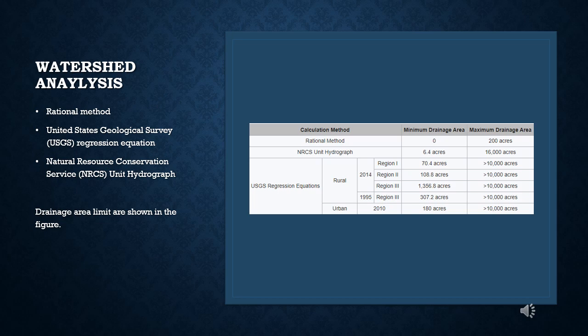The drainage area must be less than or equal to 200 acres to use the rational method. If we have a drainage area larger than 200 acres, then we can use the unit hydrograph or regression equations.